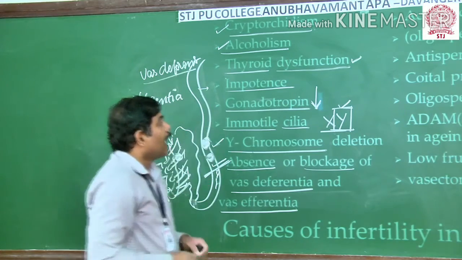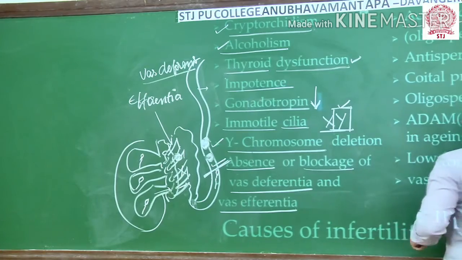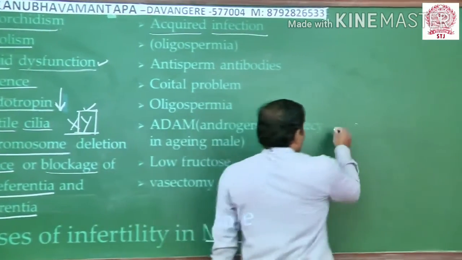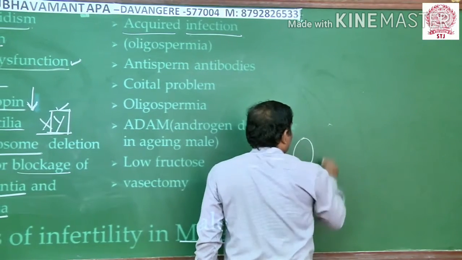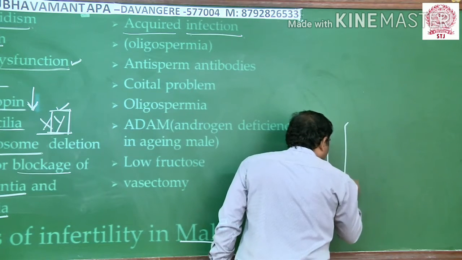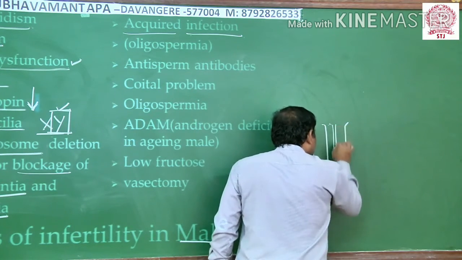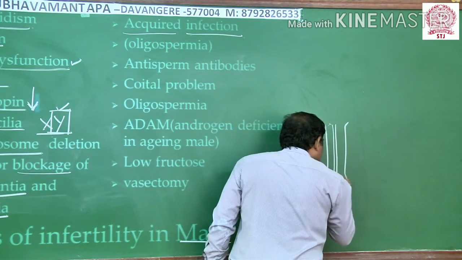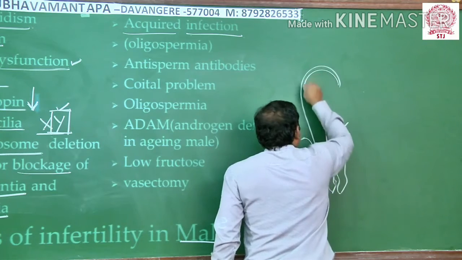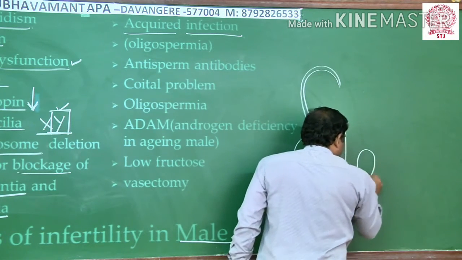Thereafter, acquired infections are another problem in a male. Let me bring back the entire structure of the male reproductive system. It includes various parts: the penis, and here these two testes, two testicles.